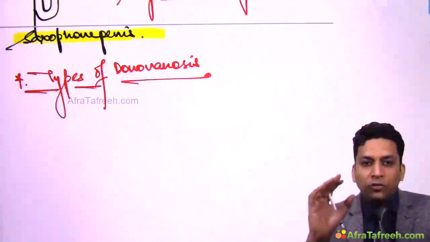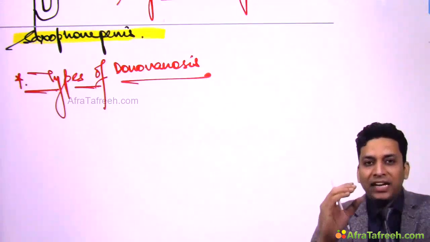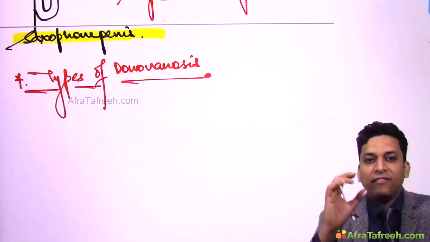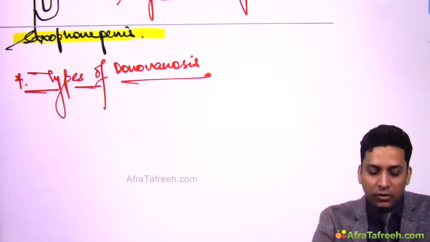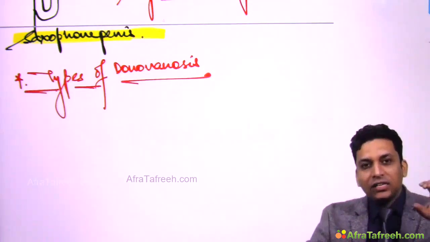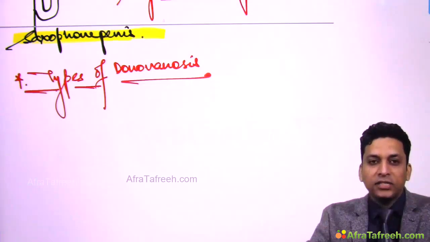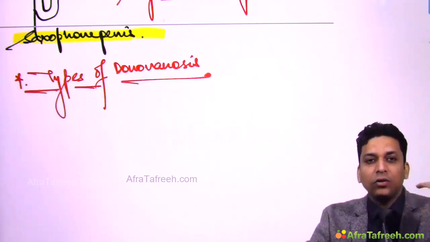Now I told you donovanosis presents with a painless genital ulcer which has a beefy red granulomatous base which bleeds very easily on touch. So here an ulcer with a granulomatous base is seen. This is known as the ulcerogranulomatous type.